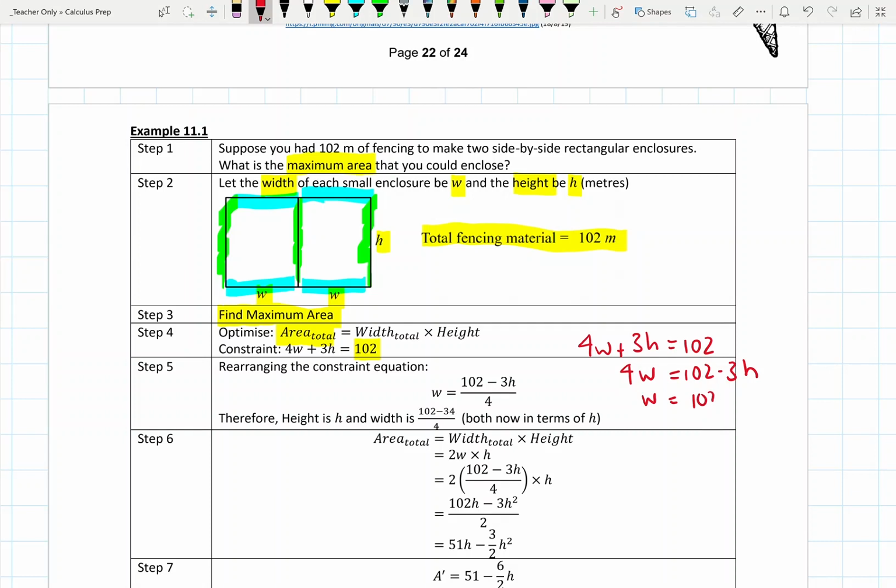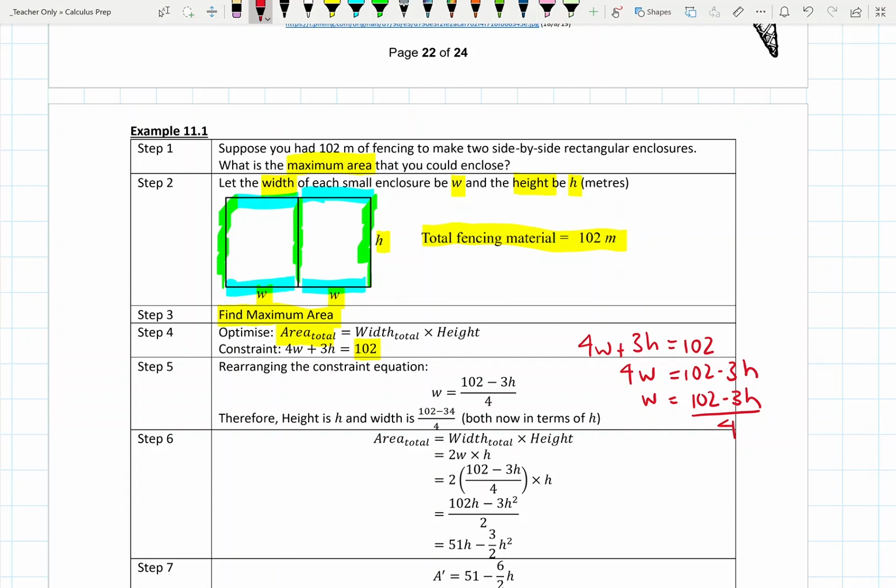Width is (102 minus 3h) on 4. So now we have both our variables in terms of a single unknown. Height is h, and width is 102 minus 3 lots of height divided by 4.